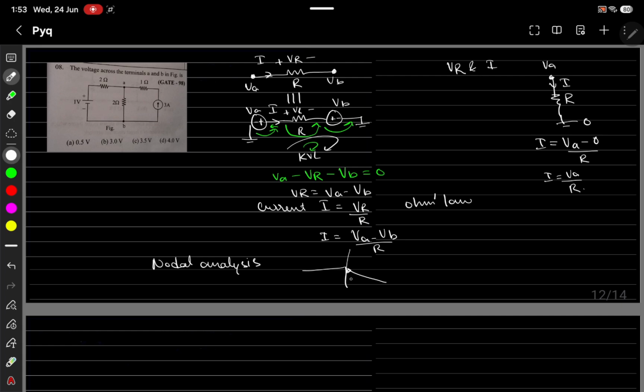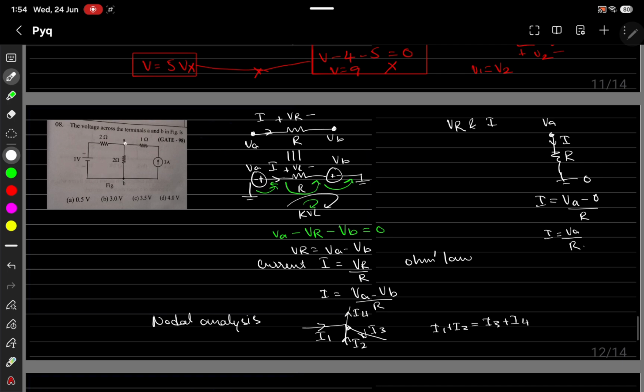We perform KCL, yes or no? So KCL states that the algebraic sum of incoming currents is equal to the algebraic sum of outgoing currents. I1 plus I2 is equal to I3 plus I4.